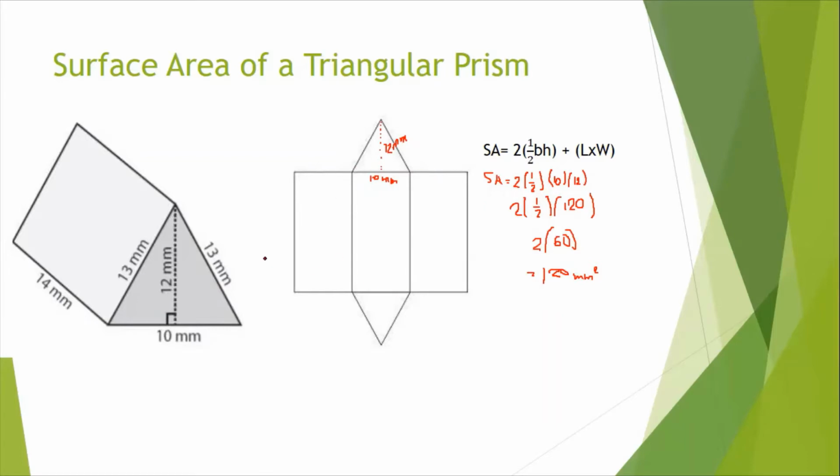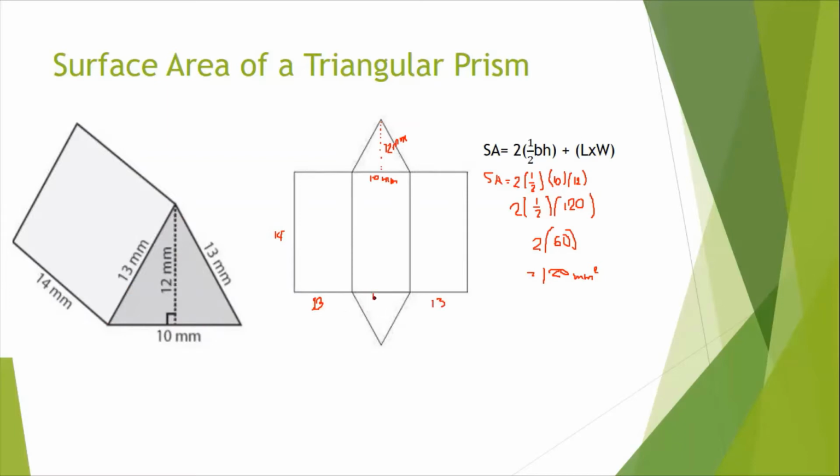Now let us find the area of our rectangle. As we can see, this side is 13 millimeter, the other side is also 13 millimeter, and the length is 14 millimeter. But the center here is only 10.